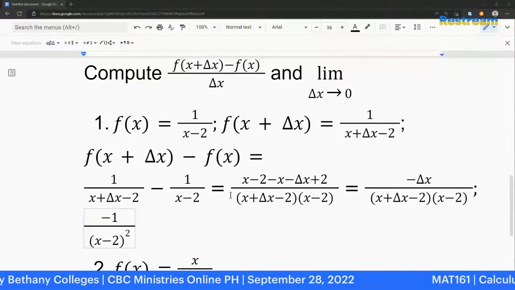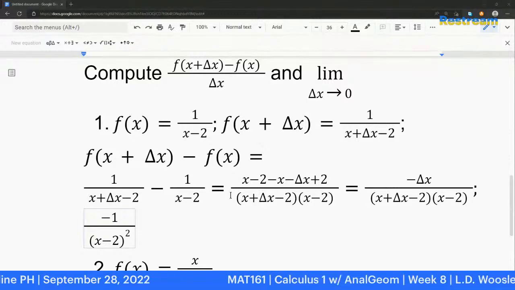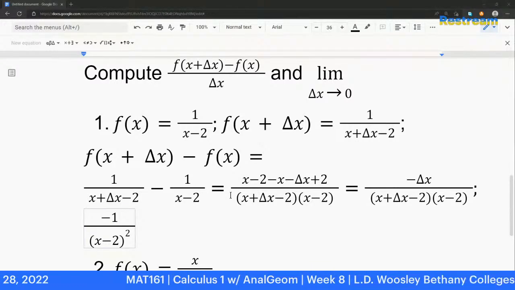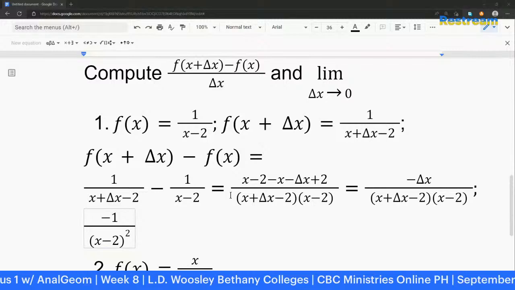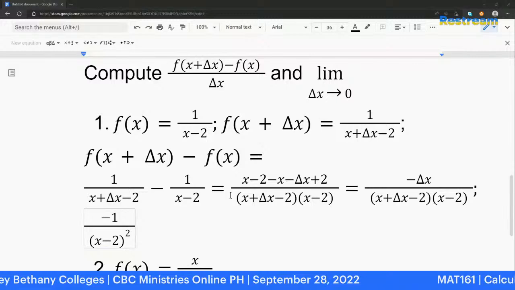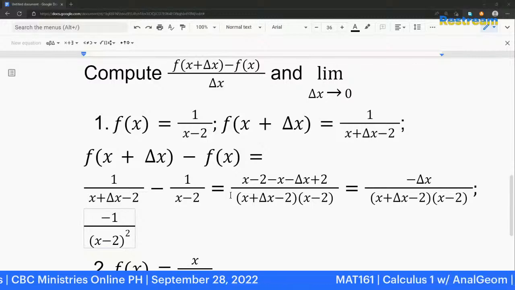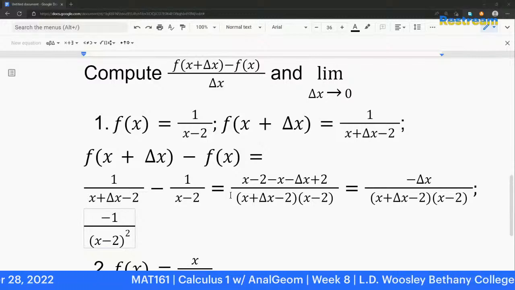Okay? Sir, yung negative 1. Anong negative? Negative 1 naman talaga kasi dinivide sa delta x. Hindi ko na lang pinakita yung division by delta x.